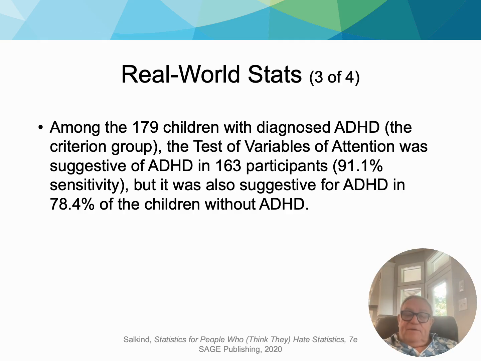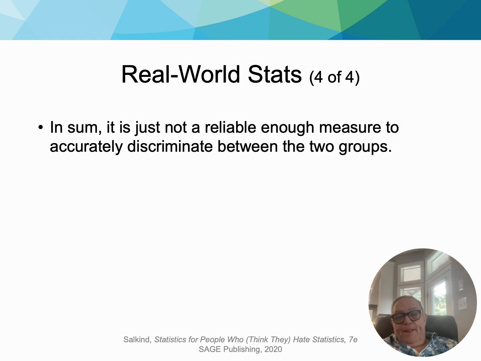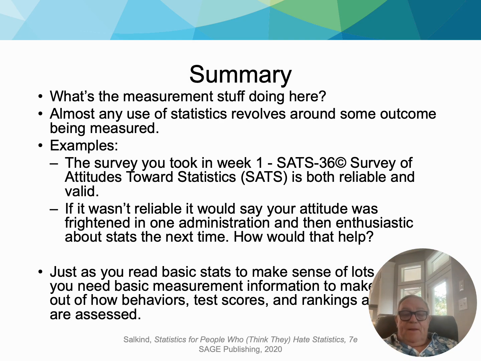But it was also suggestive of ADHD in 78% of the children without ADHD. So it's not accurate enough to discriminate between the two groups. The problem with that one was that the percentage of students that were not identified as ADHD was too high.